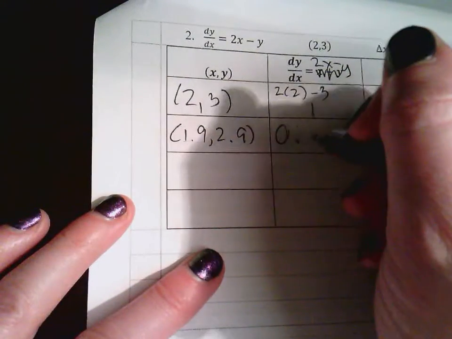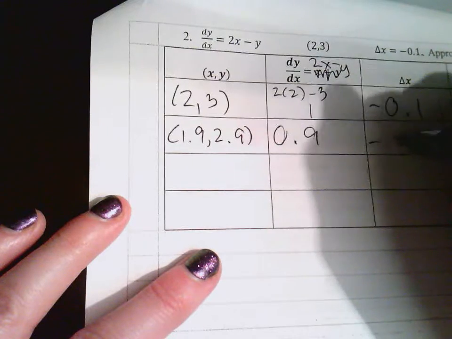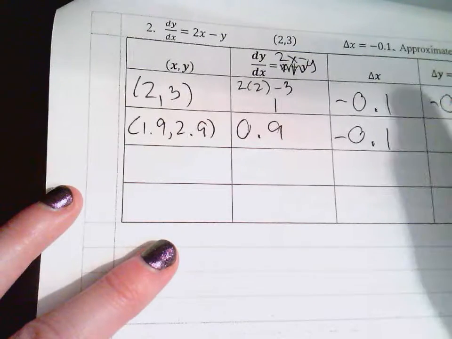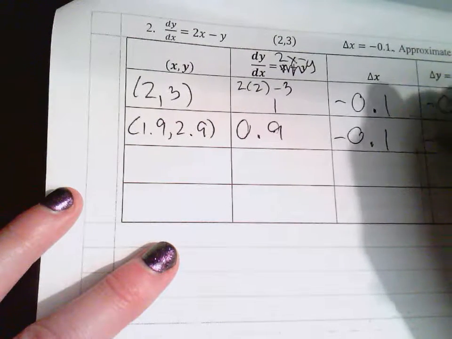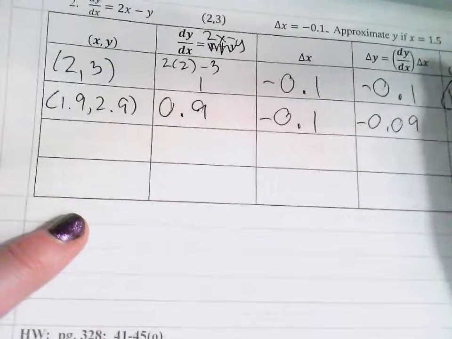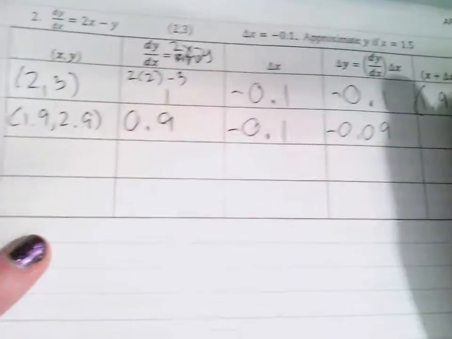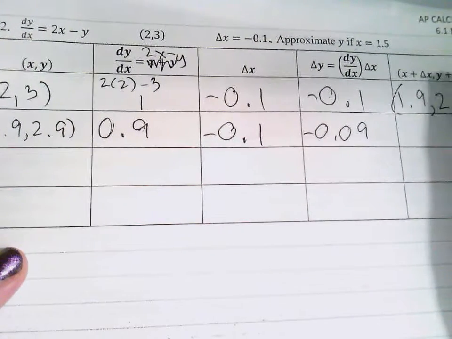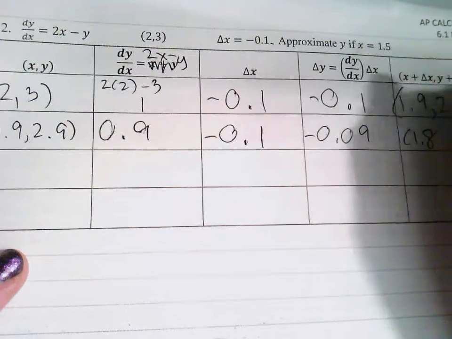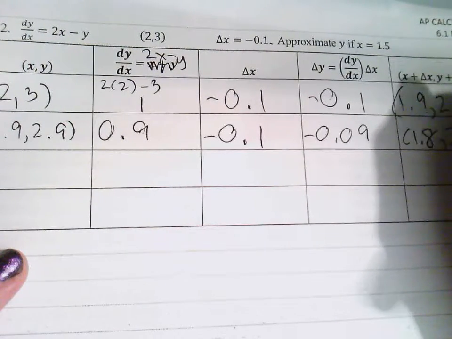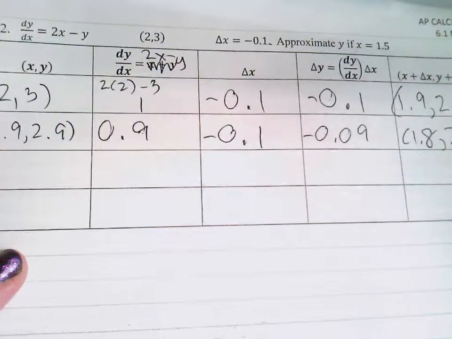Change in x is negative 0.1. Change in y is 0.9 times change in x, which is going to give you negative 0.09. And x plus change in x, so 1.9 minus 0.1 is going to be 1.8. And you get 2.81.